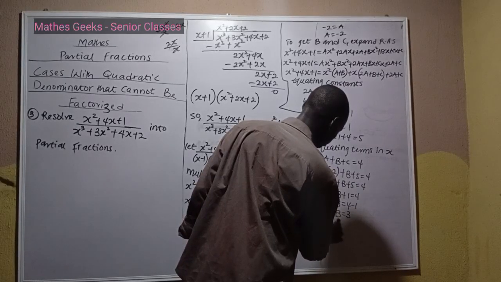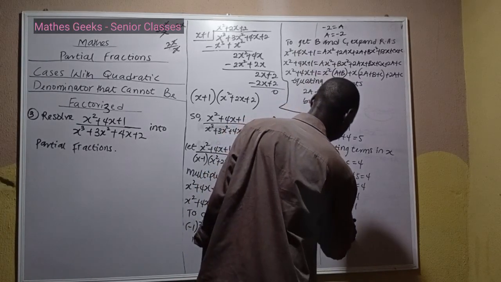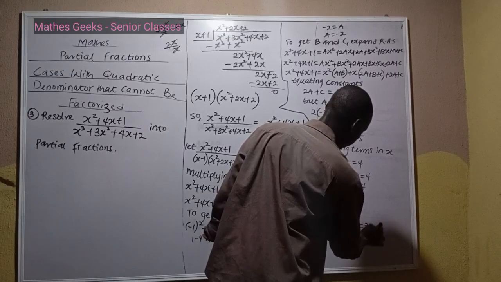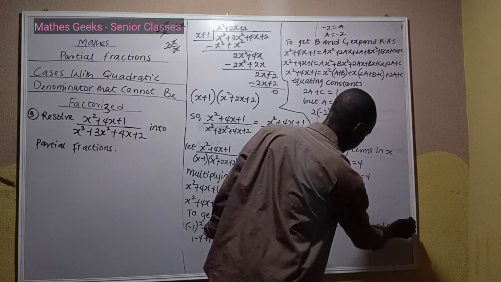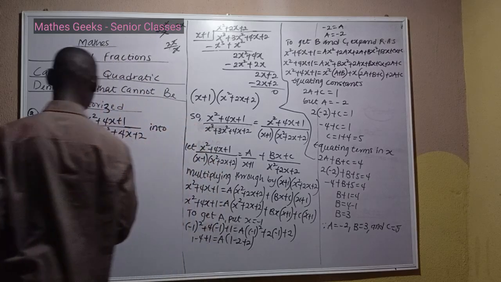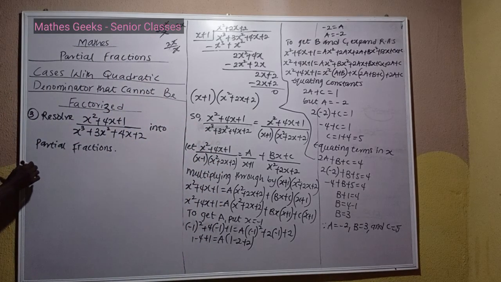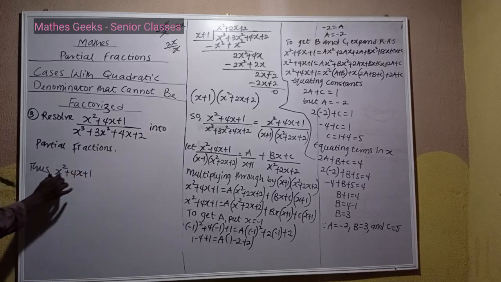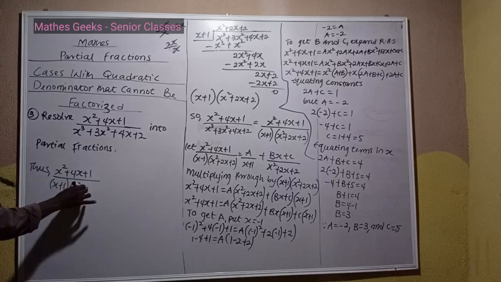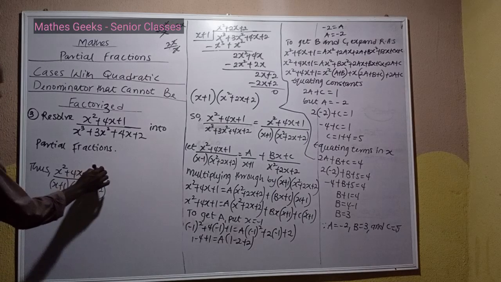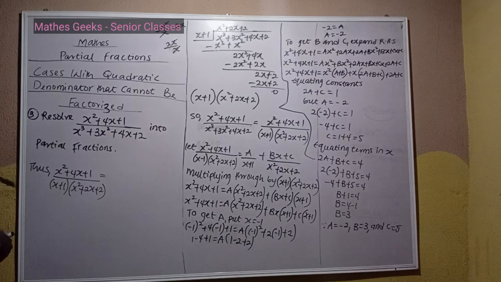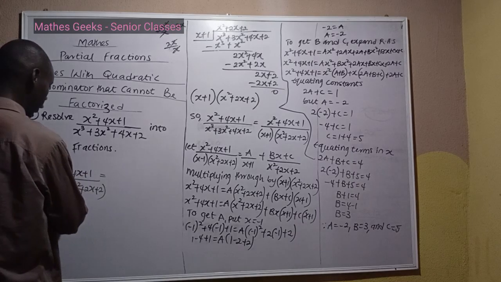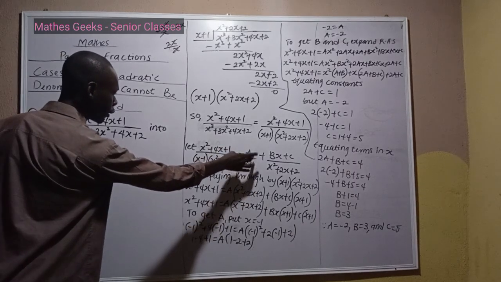So therefore a is equal to minus 2, b is equal to 3, and c is equal to 5. So I come here, you see, x squared plus 4x plus 1 over x plus 1 times x squared plus 2x plus 2 is equal to a over x plus 1.